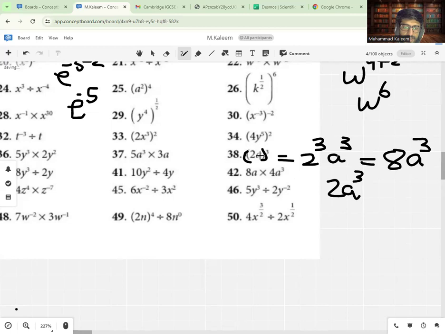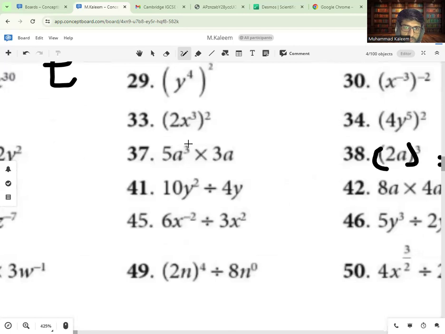The reason is that here we have a bracket and 3 is on all the terms, not only on a. If 3 is only on a, it will be written like this. Here we don't have the brackets. It doesn't mean we have to apply this 3 on 5 as well. This 3 is only on a. If we have a bracket like this, it means that this 2 is applied on 2 as well as on this x.